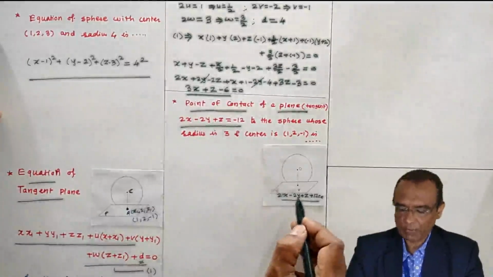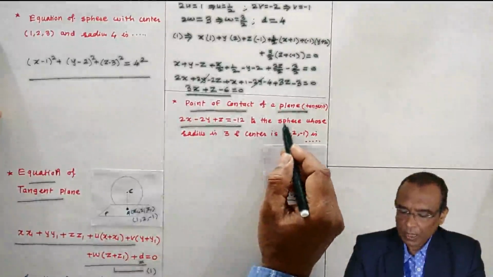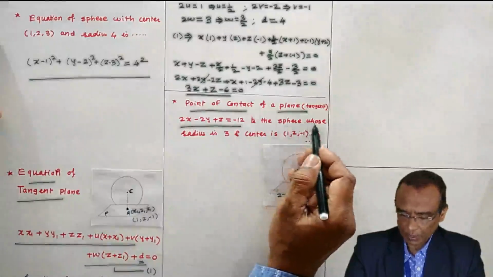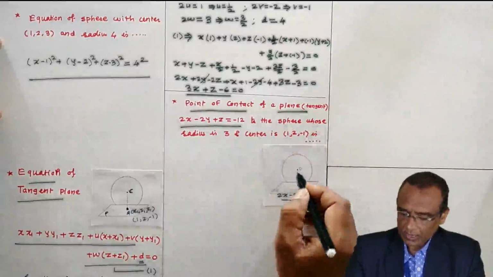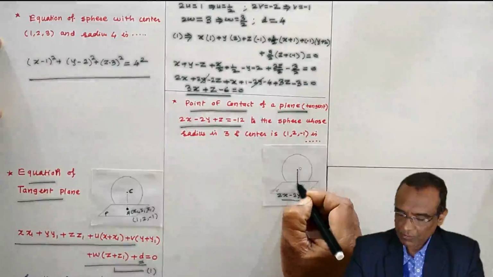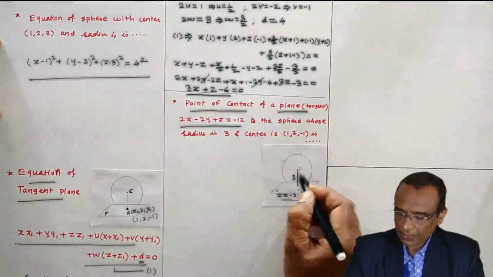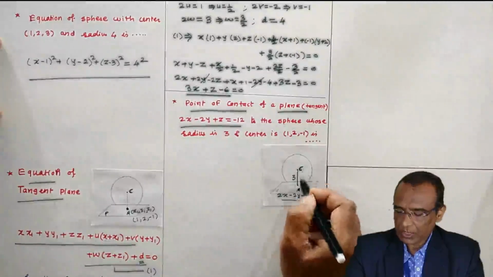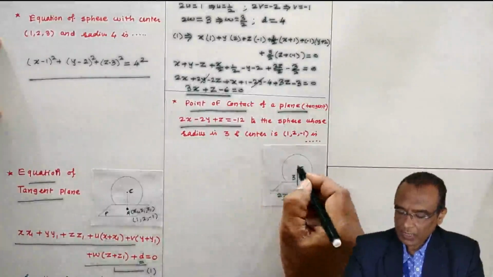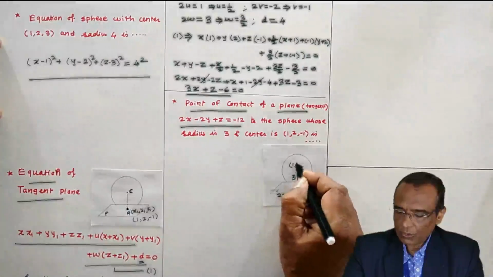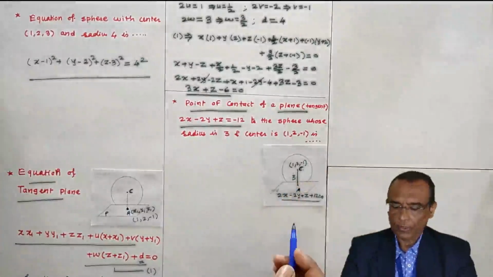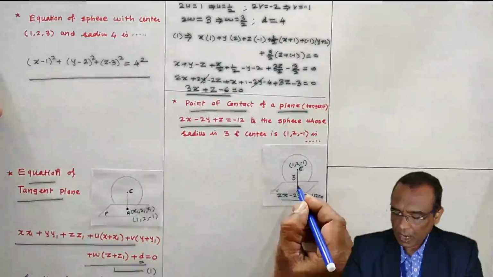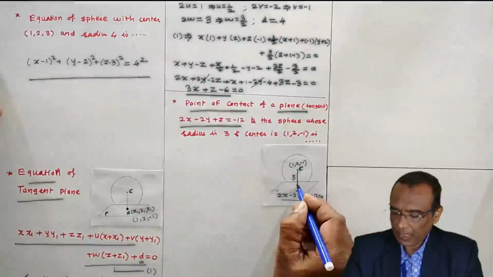The radius of the sphere is given, which is 3. This point is C, this point is A, and CA is given to you. The center of the sphere is also given, 1, 2, minus 1. The point of contact of the plane means I want the coordinates of A.